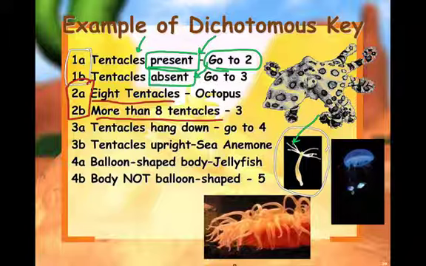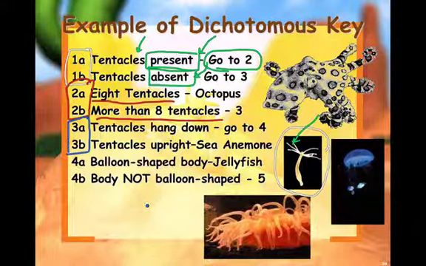So then we go on to 3A. Tentacles hang down, tentacles are upright. Well, here's the funny thing about this particular example. It's not even on the dichotomous key.